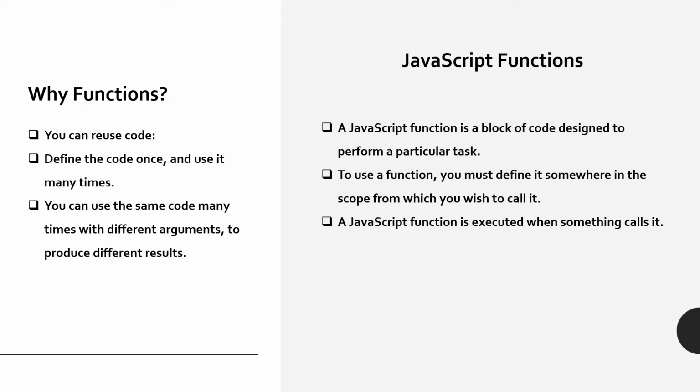Once we define the code, it is possible to use it many times with different arguments that will give us different results. For using the function, we must define it, and the function will be executed whenever something invokes it.